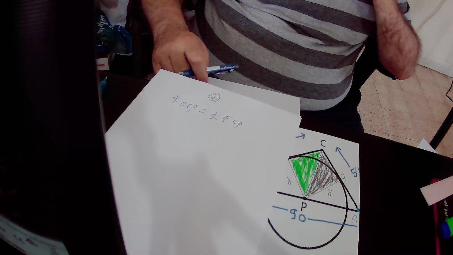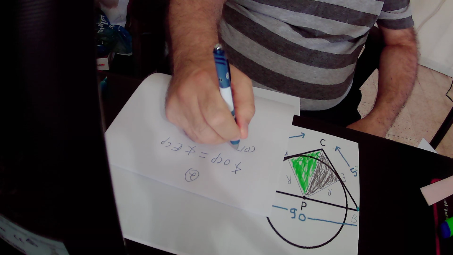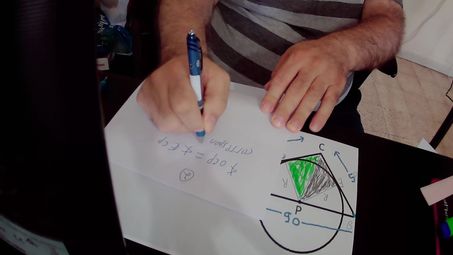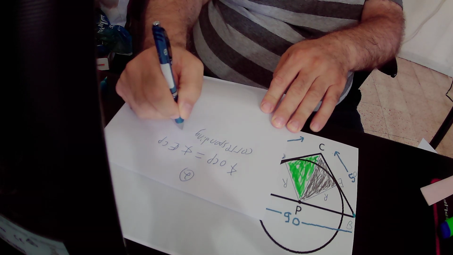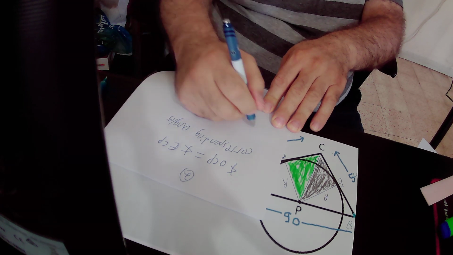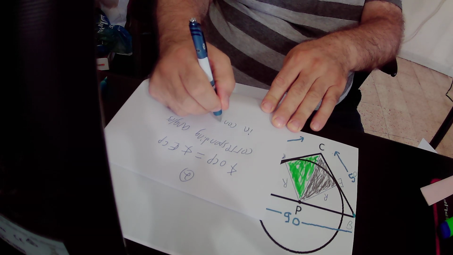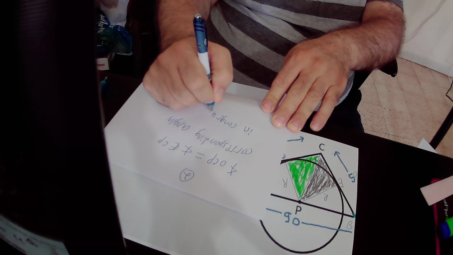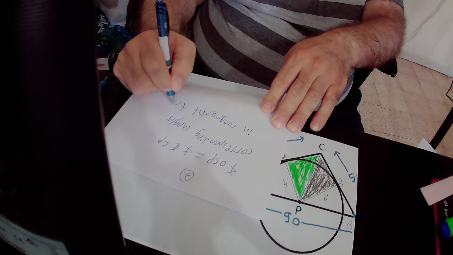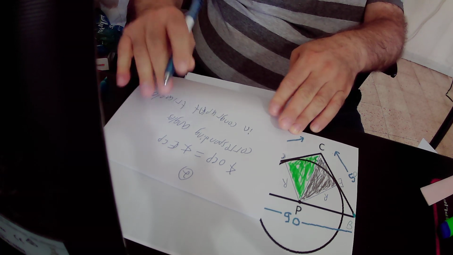According to the rule that corresponding angles in congruent triangles are equal to each other.